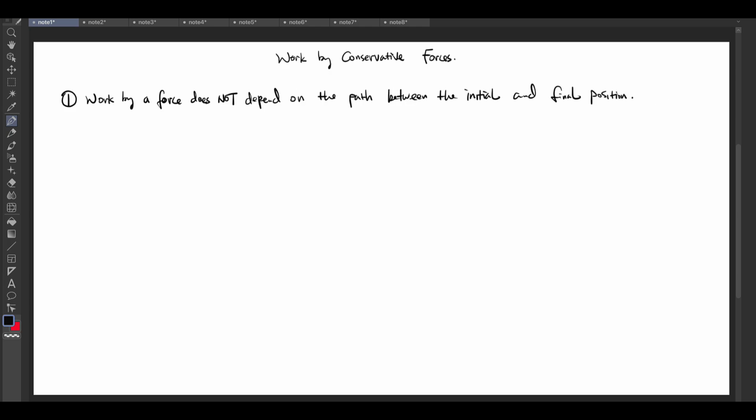If we satisfy this condition, then such a force is a conservative force.